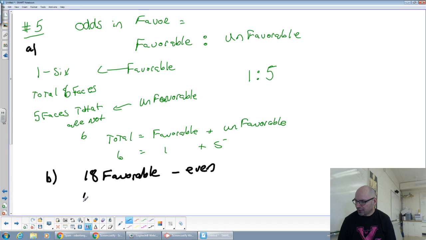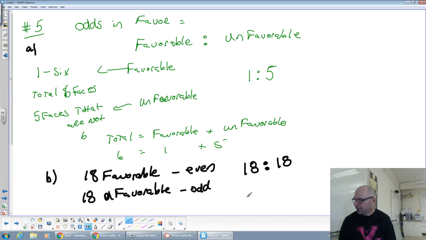And then we have 18 unfavorable, which is odd numbers. So we have basically 18 to 18. If you reduce that, it's 1 to 1. So you got to do favorable to unfavorable.